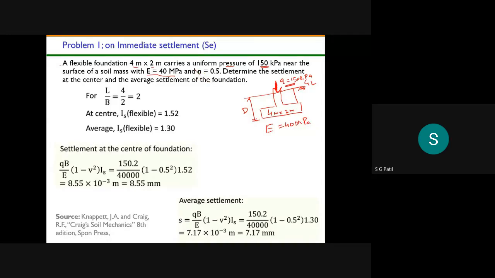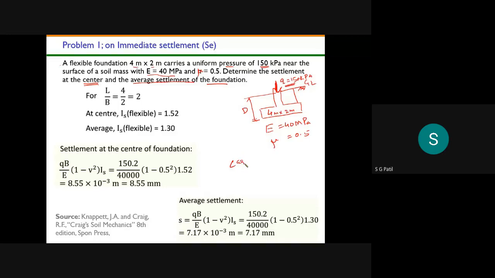And this is mu, Poisson's ratio. So mu is equal to 0.5. They are asking to determine the settlement at the center and the average settlement of the foundation. So two cases here.